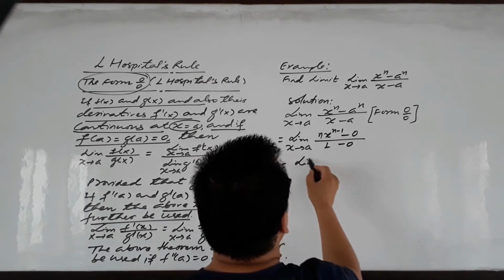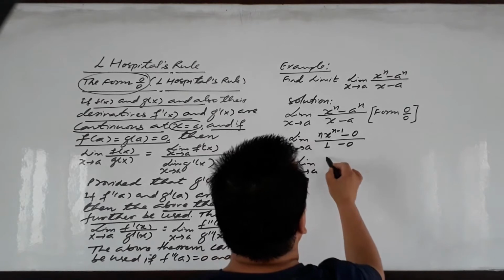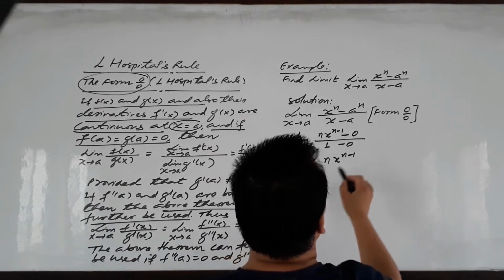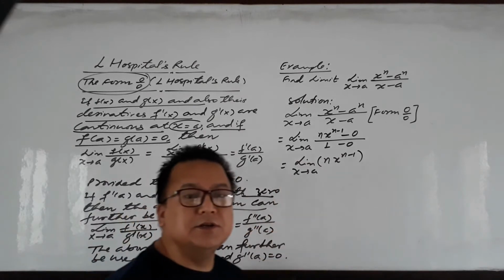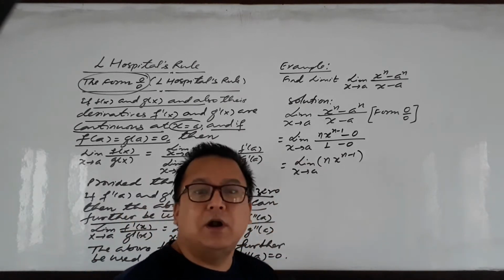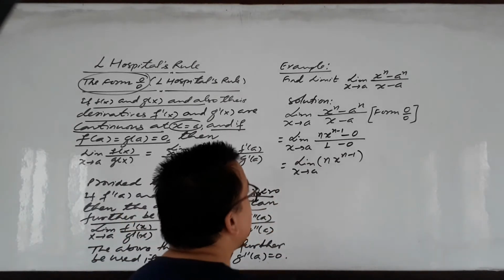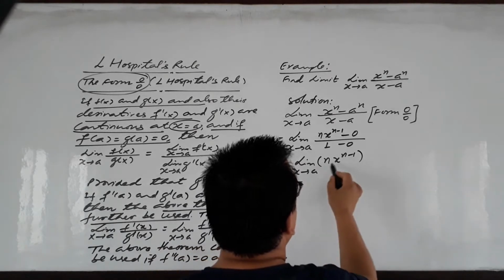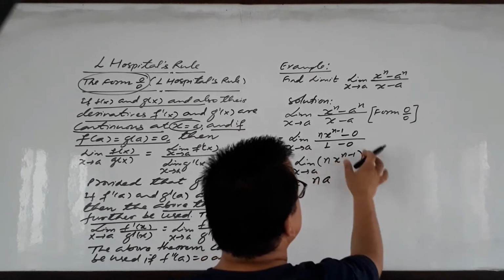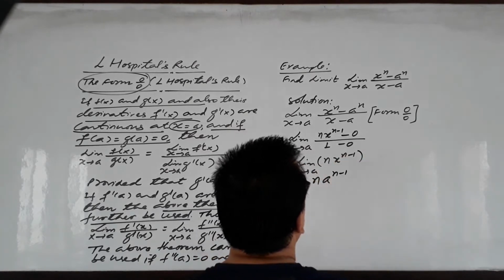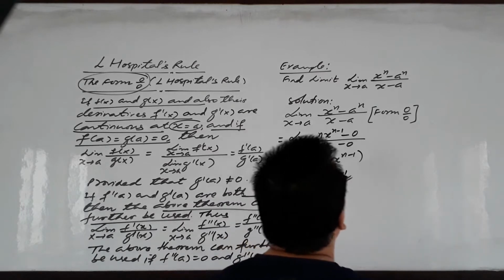So the limit as x tends to a of n x to the n minus 1, in the denominator we have 1 which is not equal to 0. So as x tends to a, this tends to n a raised to n minus 1. This is the limit of the function.